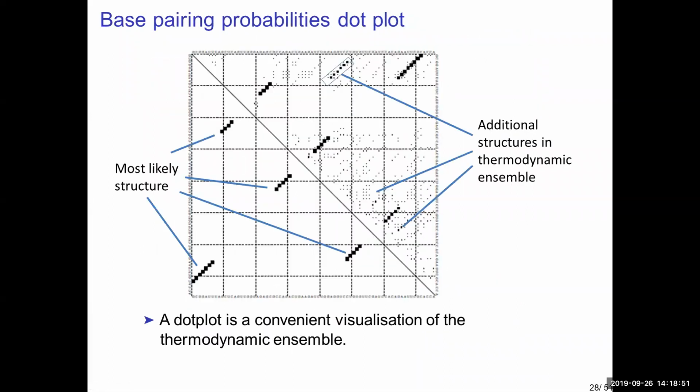So this is at the basis of it all, and then beyond that, you basically want to know what is the full probability space of pairing. You don't want to just say what is the best fold, but what is the space of folds? And one way to do that is to basically look at the full thermodynamic ensemble rather than this is the most likely structure. You can basically say what are all of the other substructures that might not even appear here.